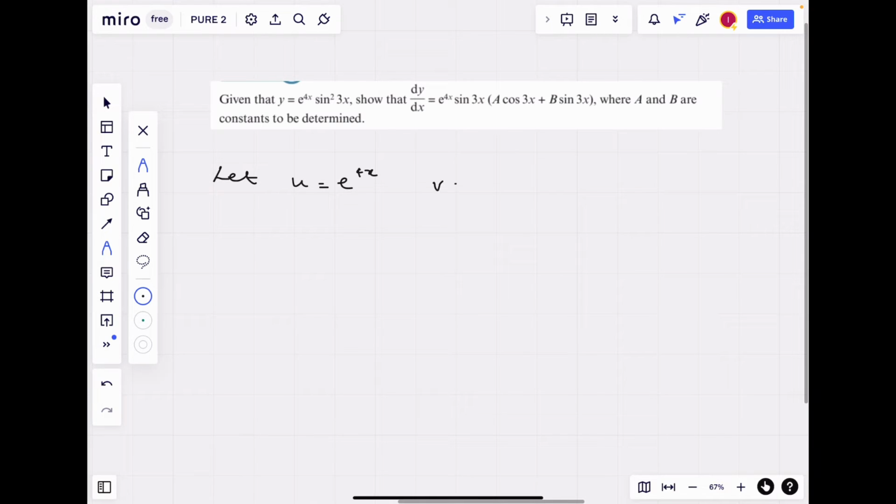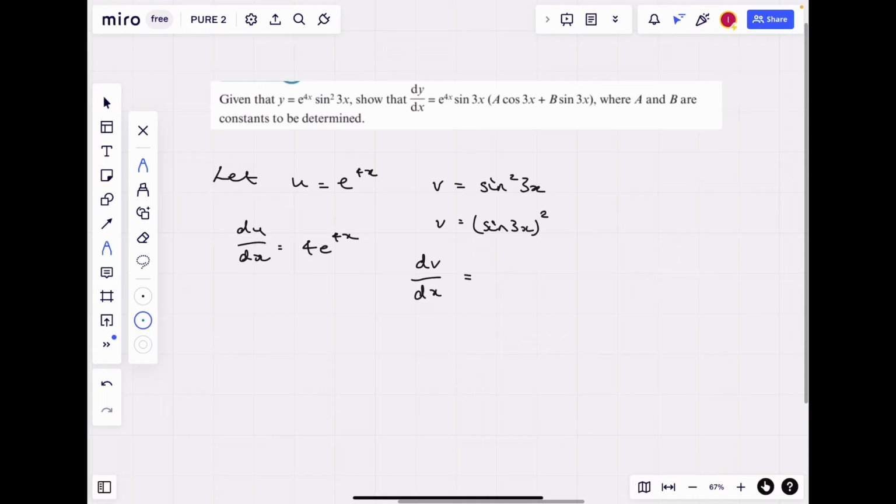You're going to let v equal sine squared 3x, which is going to be the same as (sine 3x) all squared. du by dx would therefore be 4e to the 4x, and for dv by dx you have to make use of the chain rule now.